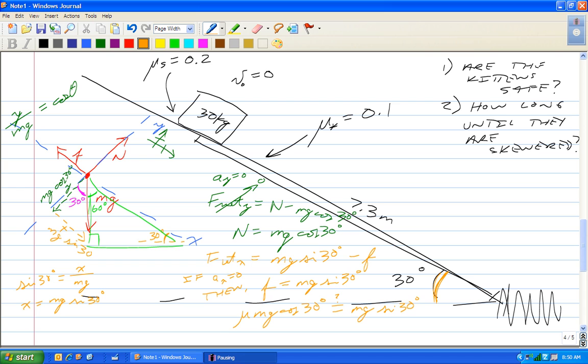Or not necessarily equal to, but greater than or equal to, right? Because if friction's larger than mg sine 30, it's still not moving, because again, it's a smart force. Good. You tell me. We want to know if they're not moving, so it's the static mu.